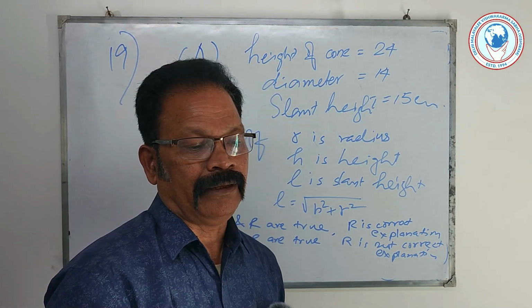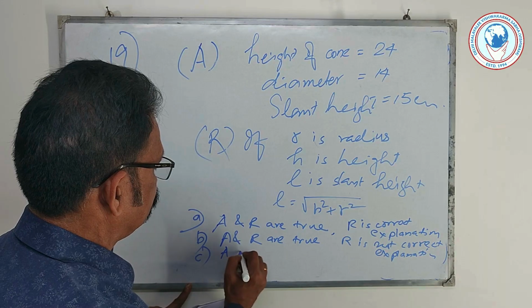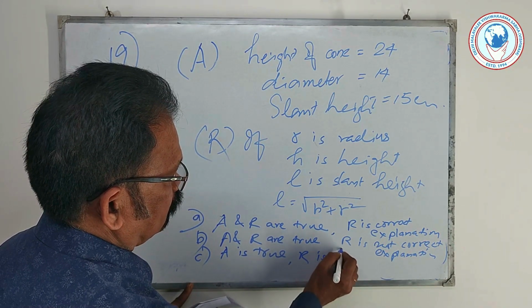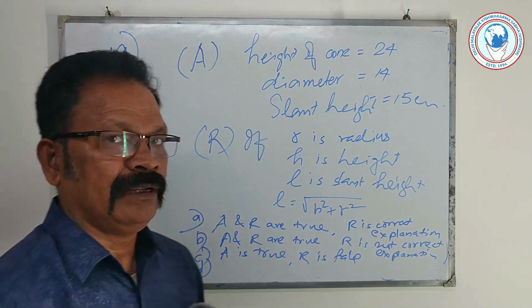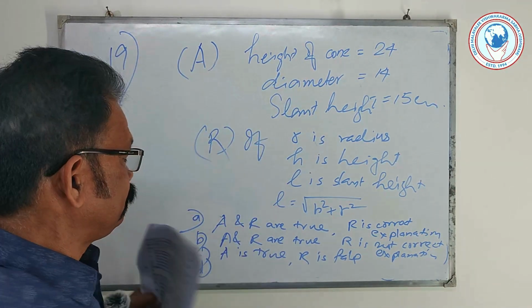C, A is true, but R is false. D, A is false, but R is true.